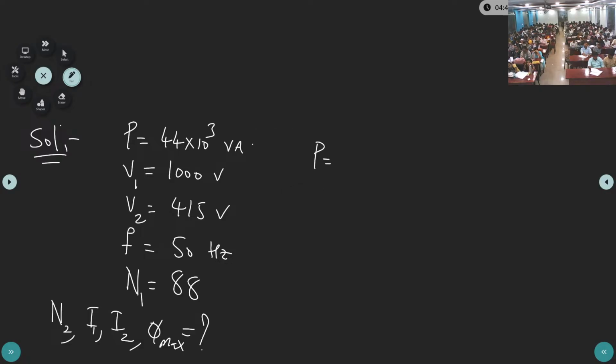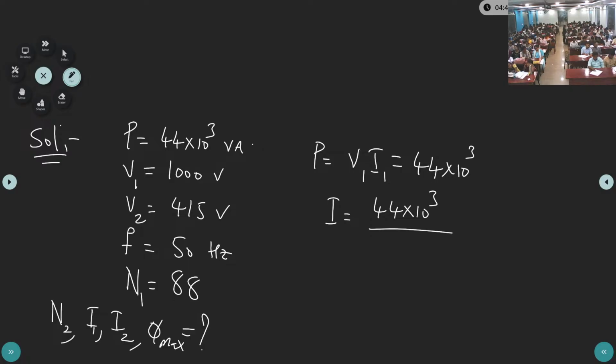Power is equal to V1 I1, which is equal to 44 into 10 cube. Do we know V1? Yes, we know V1. So I1 is equal to 44 into 10 cube by V1, that is P by V1.